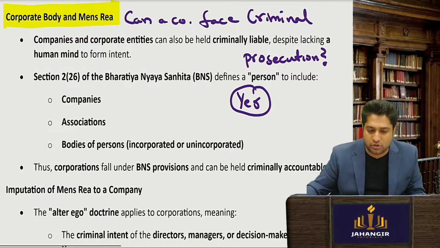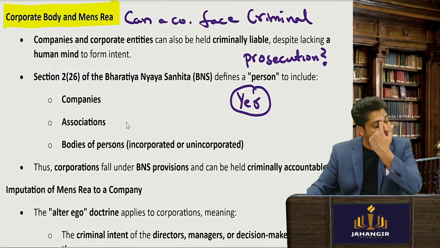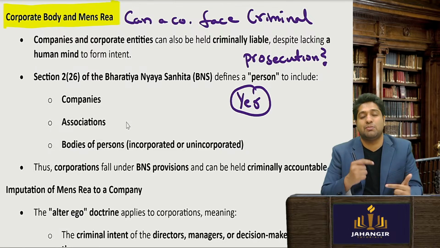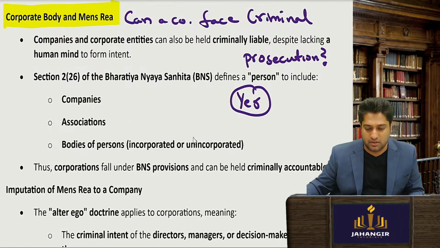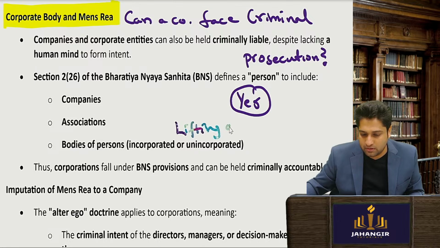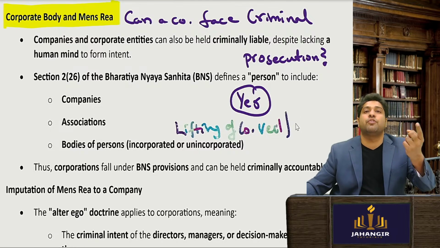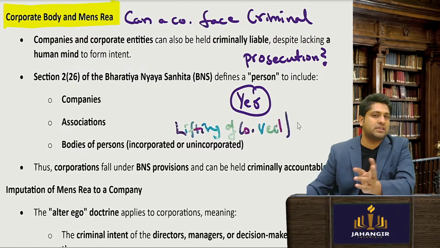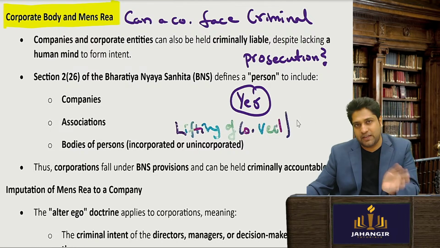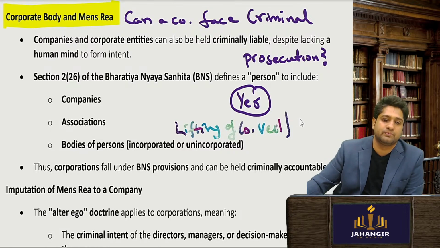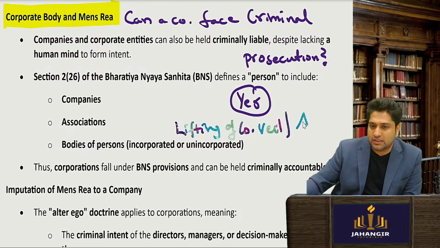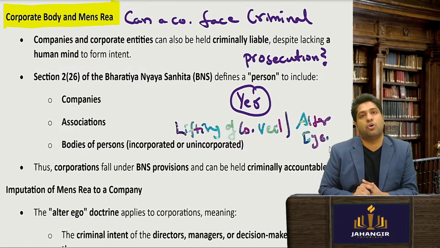So there was a concept that we had done. Can anyone remember the name of the concept that we had done? It was called lifting of the corporate veil. Does anyone know the other name for this? It was called the doctrine of alter ego.